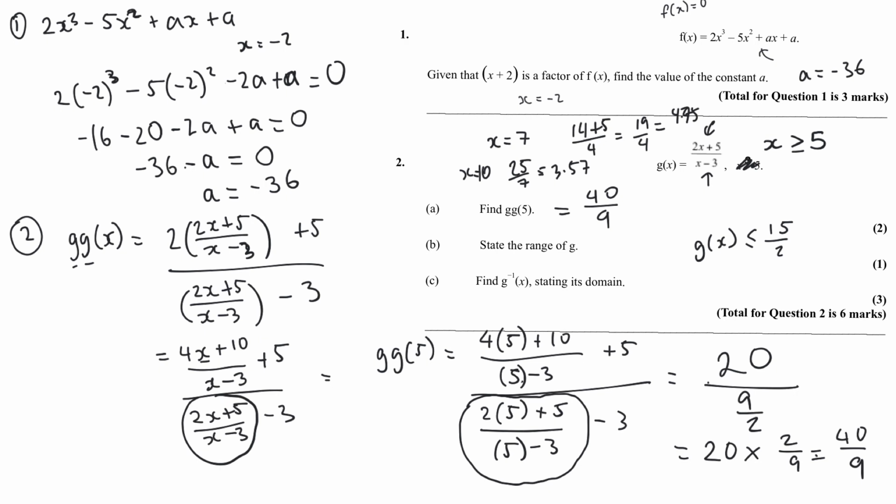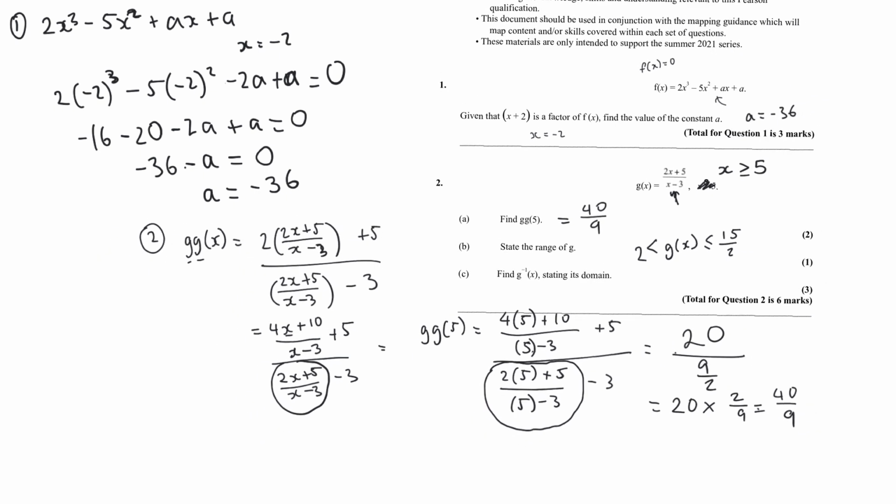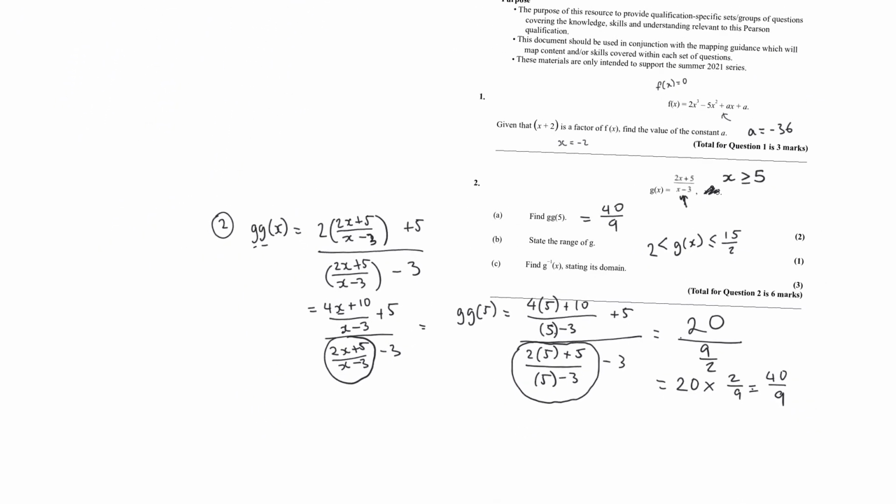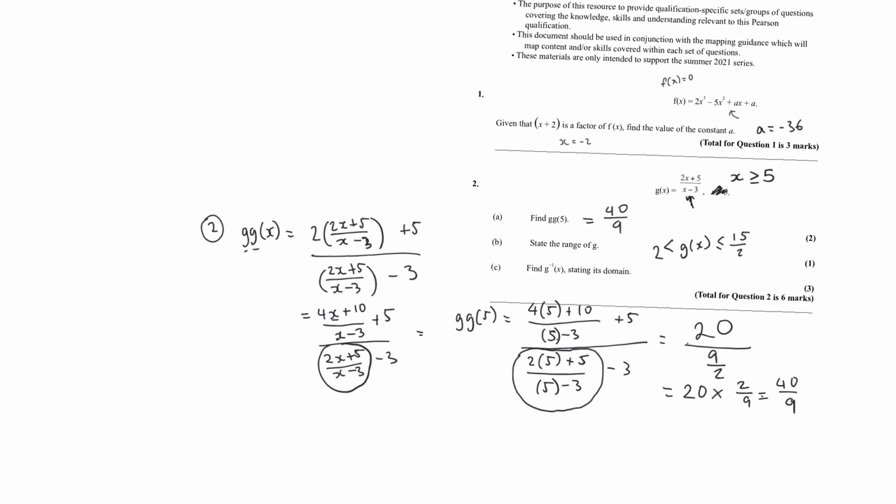So as we can see, as the x value increases, the g of x decreases, and the number it is decreasing towards is 2. So that's why on the other end you've got 2. The only reason I know it's towards 2 is because if I rewrite it here, maybe if I zoom out, it's 2x plus 5 over x minus 3.